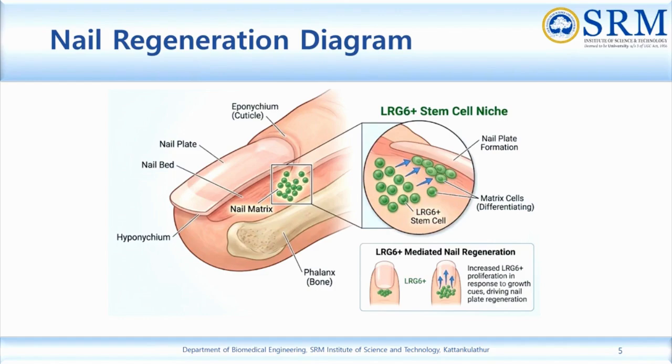It gets all the nutrition from the nearby blood vessels. The increased proliferation of LGR6+ cells in response to growth cues helps drive nail plate generation. So when there is high LGR6+ activation, there is more nail growth.